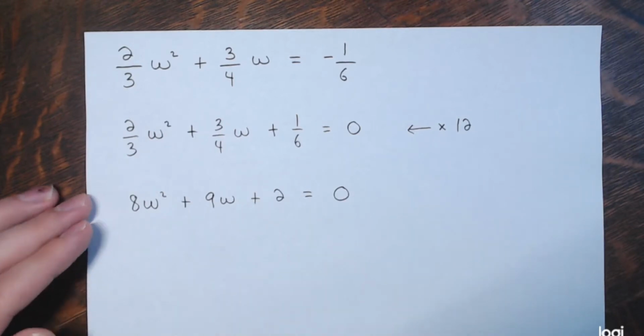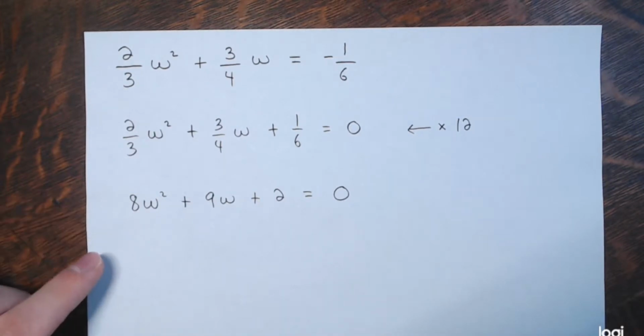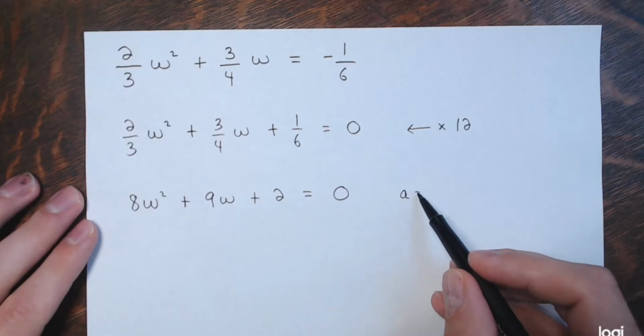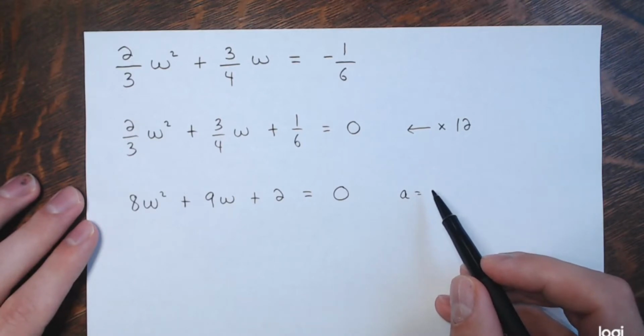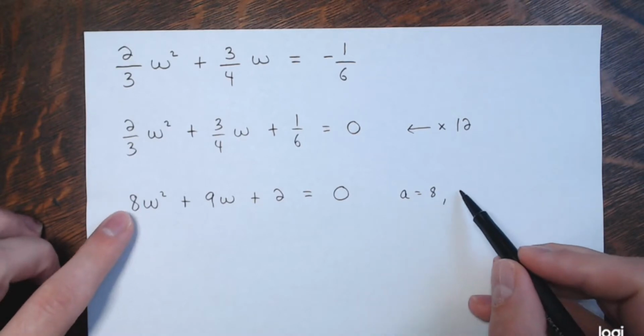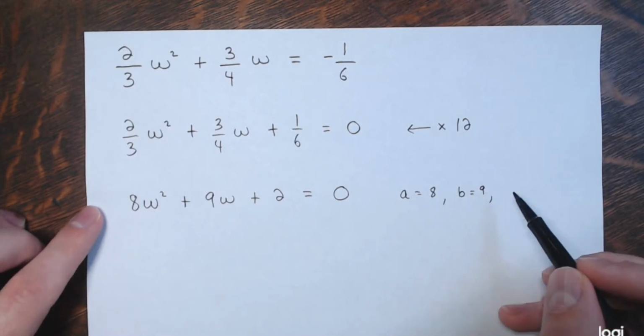Now I have a nicer looking equation because the coefficients are integers, and it's in standard form. So I can jump to the quadratic formula. The value of A is 8, the value of B is 9, and the value of C is 2.